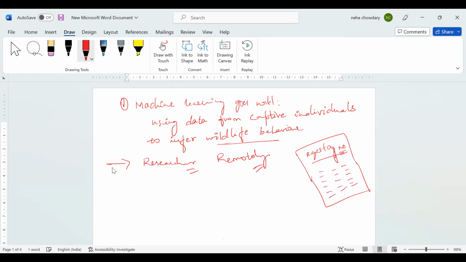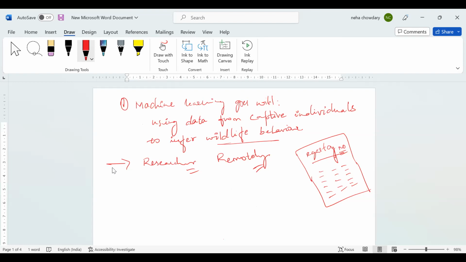For example, body temperature, body mass, and then basic information like age, sex, any diseases, contact, where they came from, location, etc.